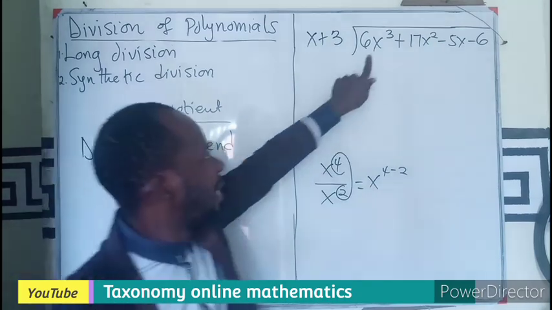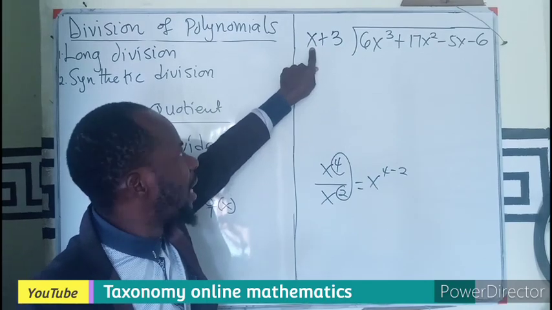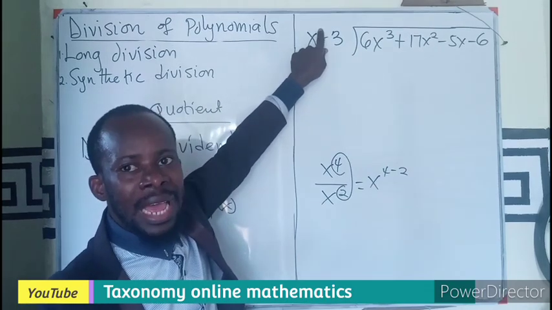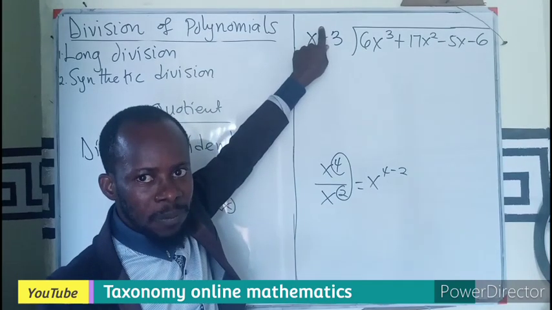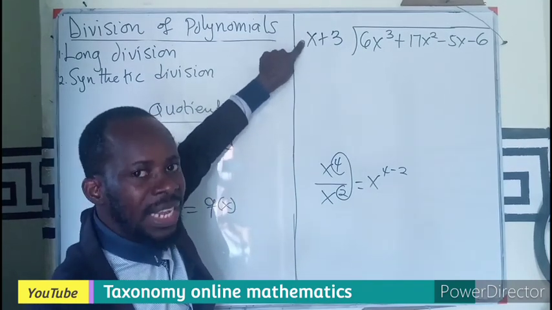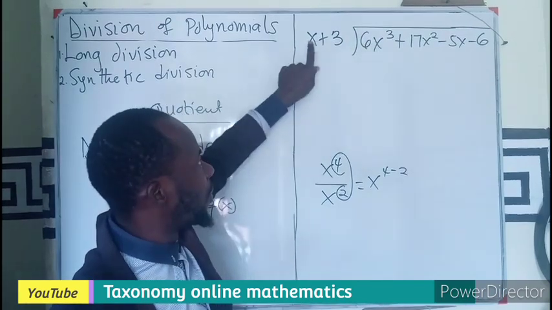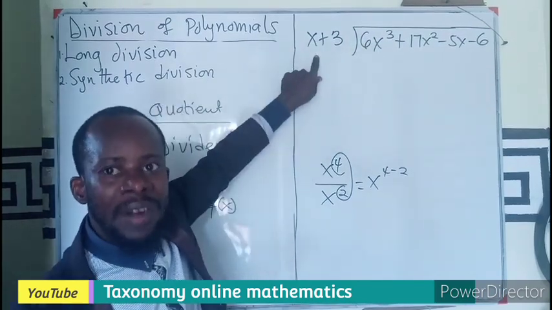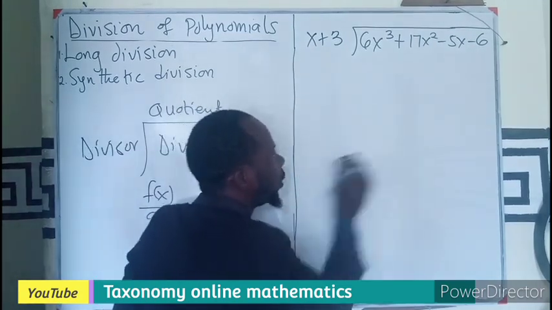Anytime I say x to the power 3 divided by x, in my mind I am only going to subtract the exponent, so 3 minus 1 will give me 2. Imagine there is a coefficient here. That coefficient will perform its normal division, but I'm referring to the variable, which will be used as indices.